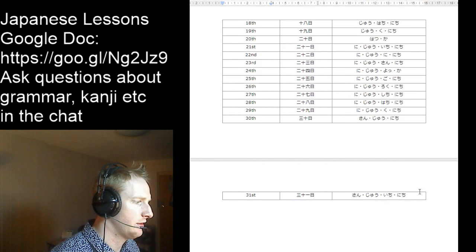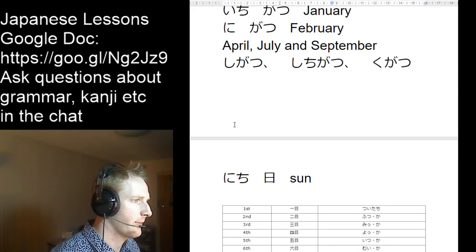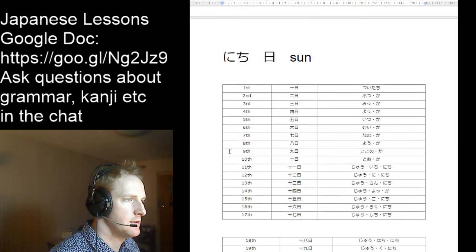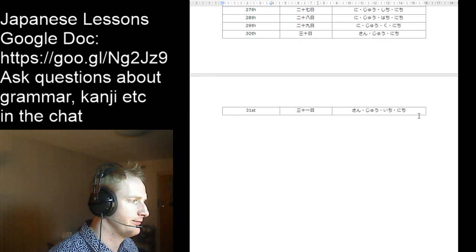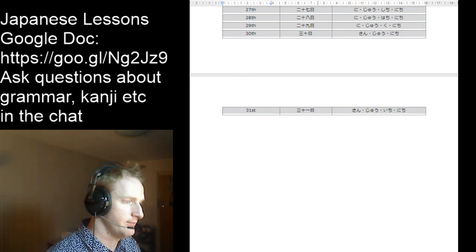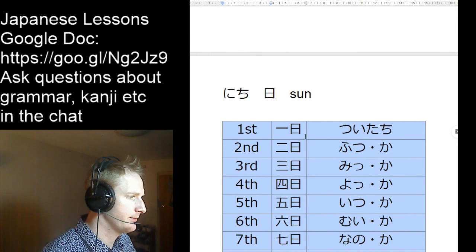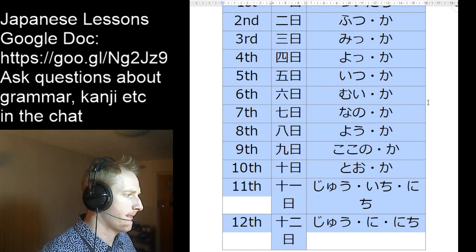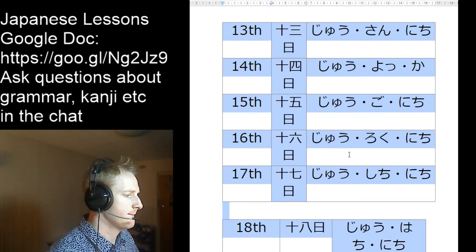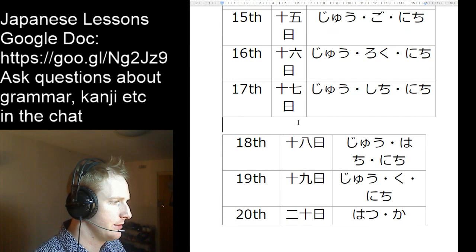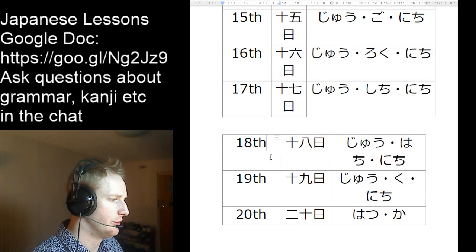Just make these a bit bigger actually. 30. Not the greatest formatting, but I'm not even sure how to join these two together.